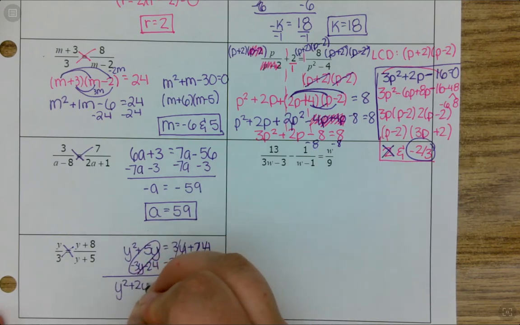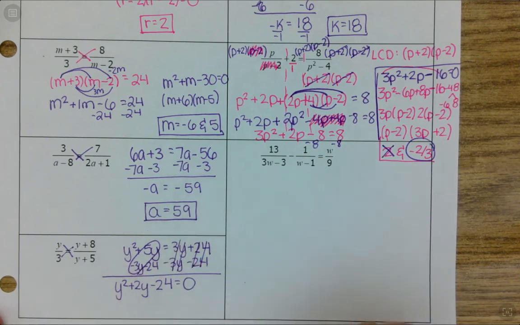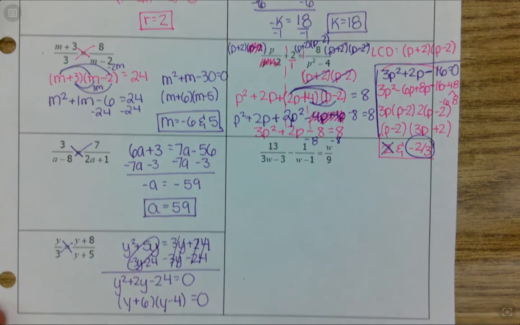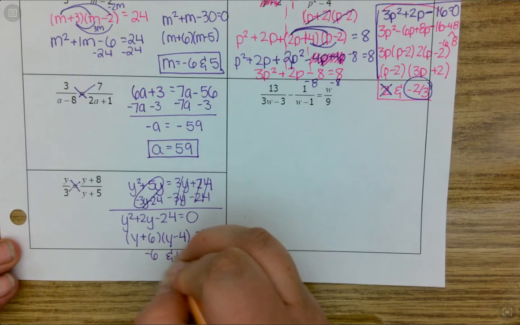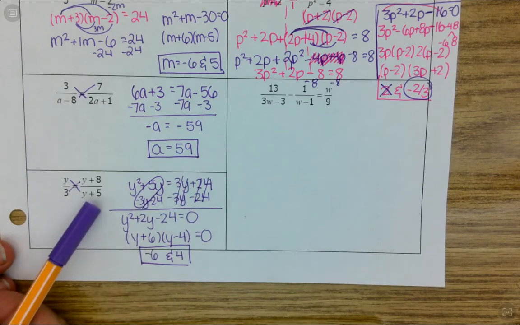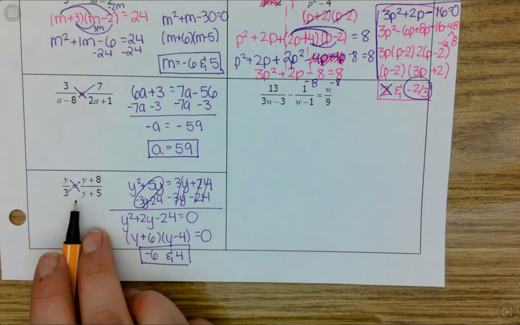That's 2y. And then you need two numbers that multiply to -24 and add to 2, which is 6 and -4. So your two answers would be -6 and 4. And both of those work in the denominators, so you're fine. You just don't want it to make it 0 because you can't divide by 0 in math.